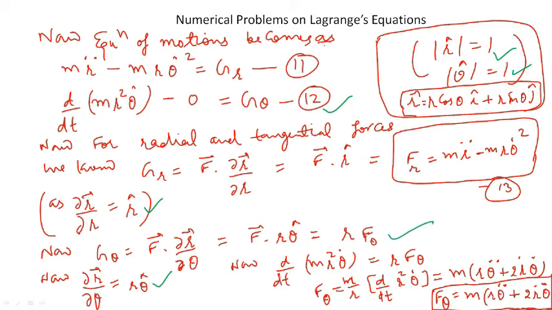Now when we put the value of g theta is equal to r F theta in equation 12, we can find the value of the tangential component of the force. So the tangential component of the force comes out to be finally m r theta double dot plus 2 r dot theta dot, and the radial force was equal to m r double dot minus m r theta dot square. These are very important relations, and you have to remember these.